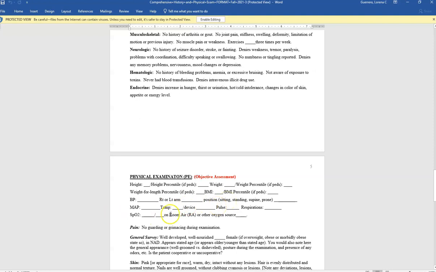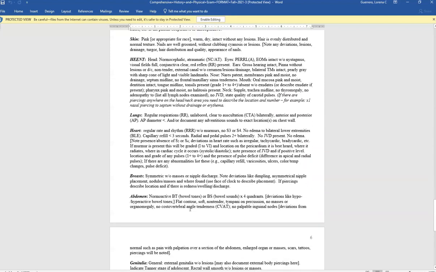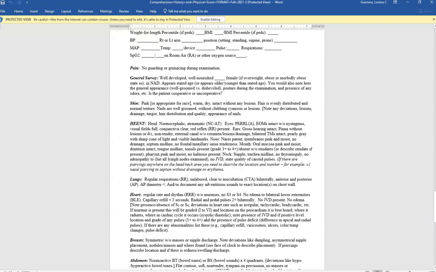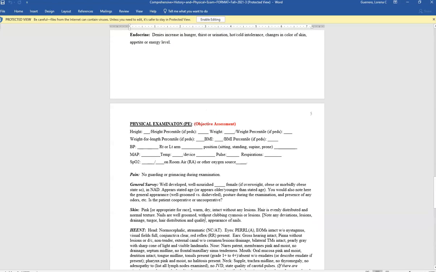All of that information is called objective information. What I have put on here is what you would normally see written. There are variations; some people do it slightly differently or write down slightly different things, but it should follow this type of information.